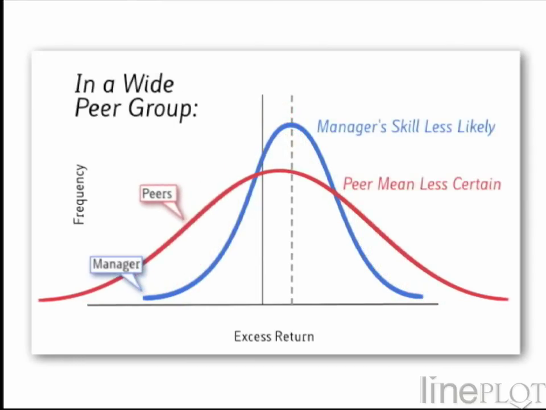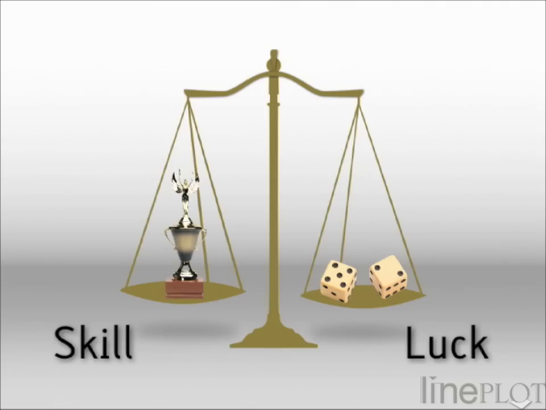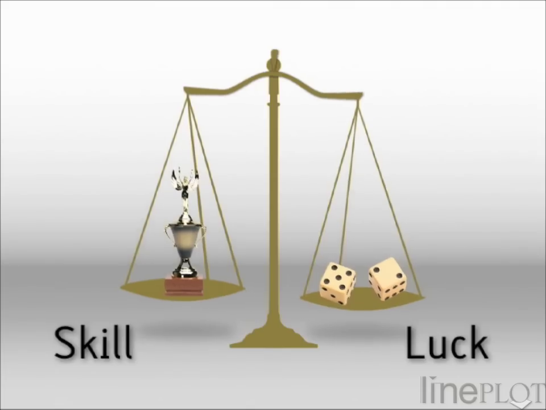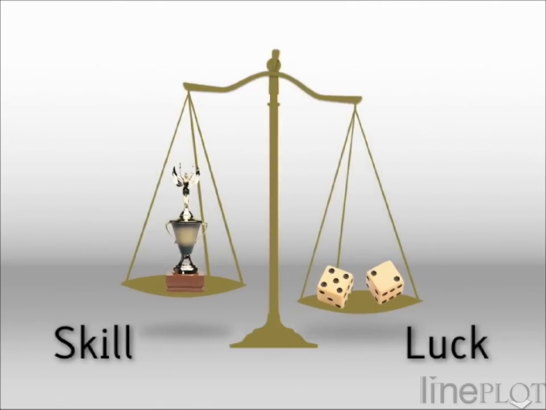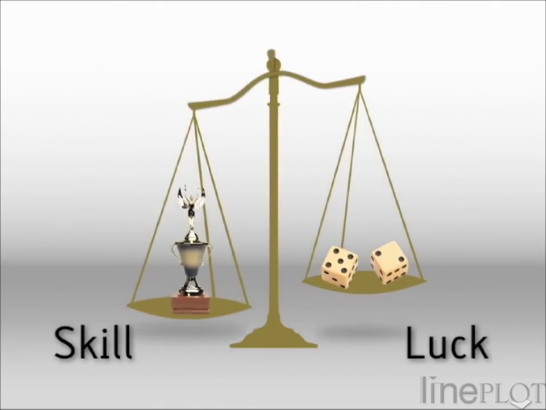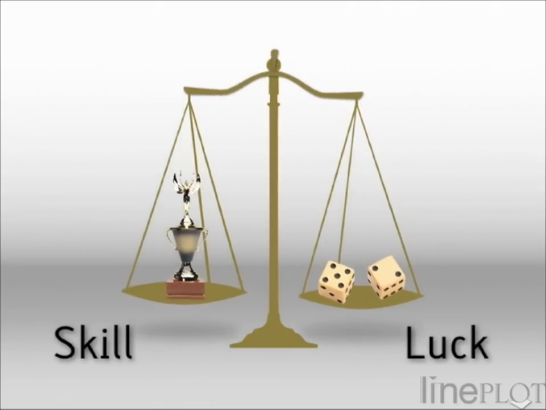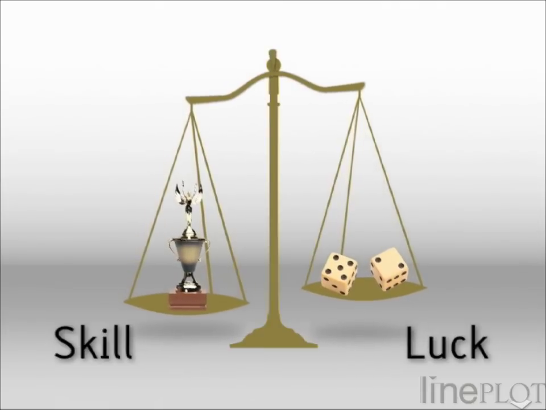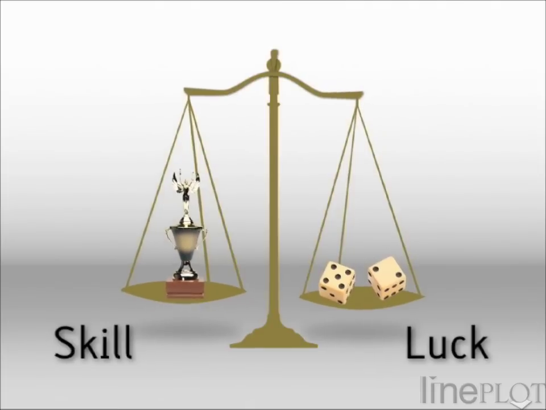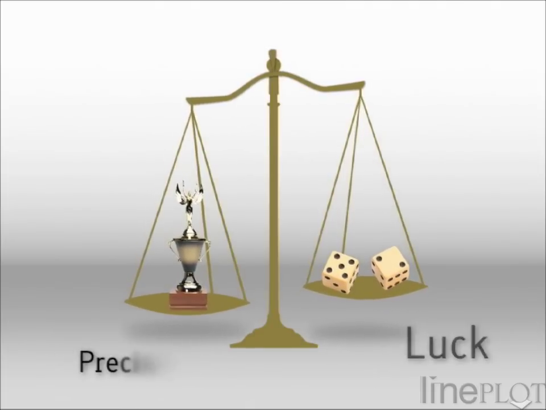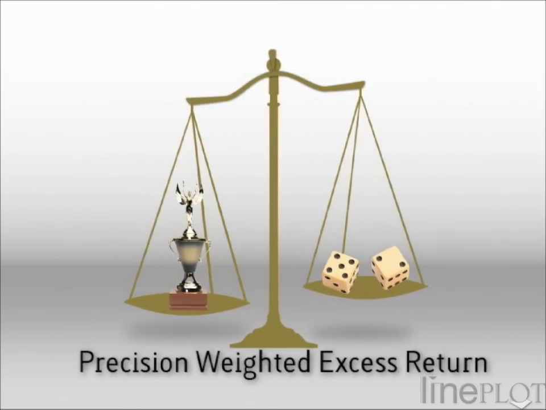On the other hand, we are also less confident that the sample excess return of the peer group is actually a good estimate. It follows that we can use the peer group return dispersion and the manager's tracking error to make a weighted average of our two contending values for excess return, the skill estimate versus the luck estimate. This weighted average is the precision-weighted excess return.